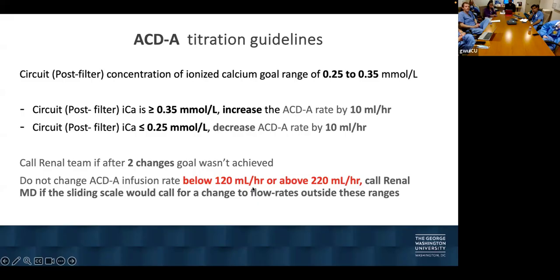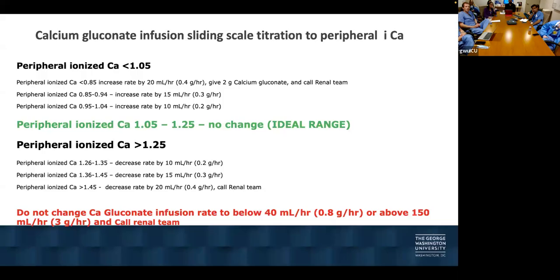They cannot go above or below that. Same thing for ionized calcium. They have their protocol to follow, based on the ionized calcium. The goal is to keep it between 1.05 and 1.25. If there are any changes, they have their own protocol to follow, and after 2 changes, they have to call the team.